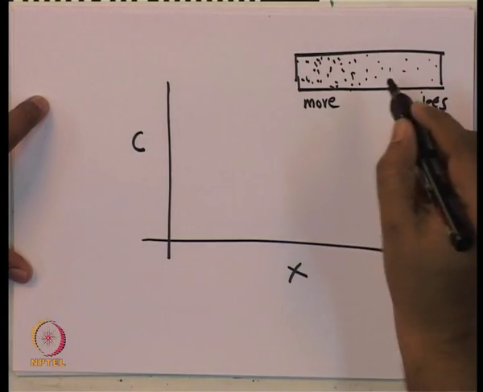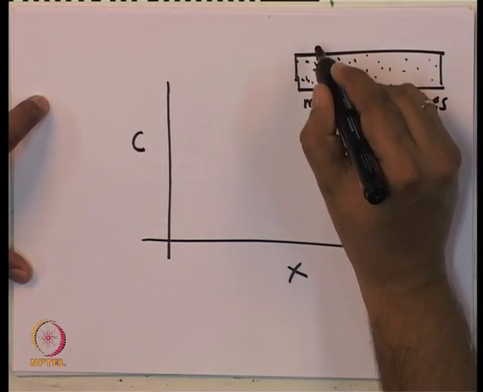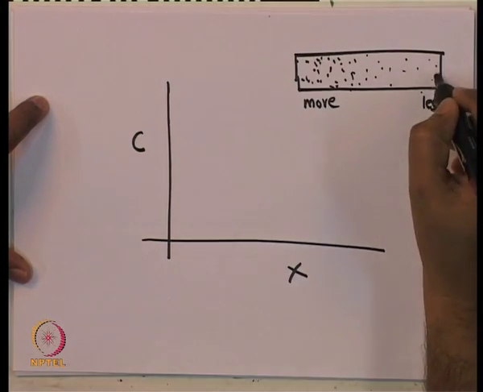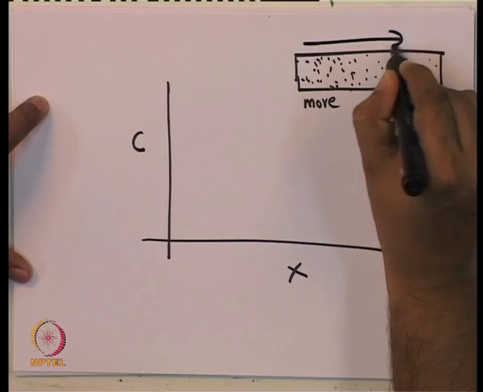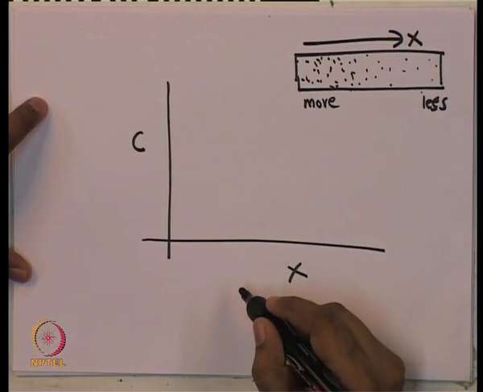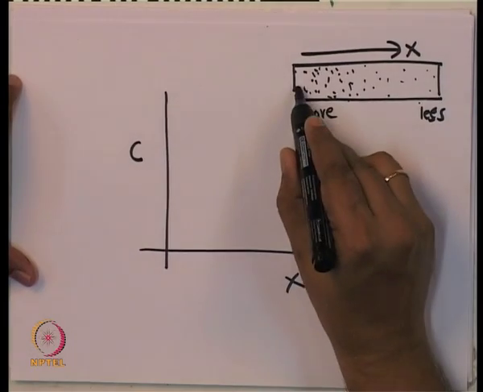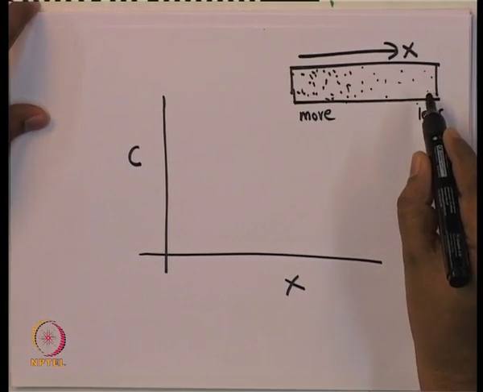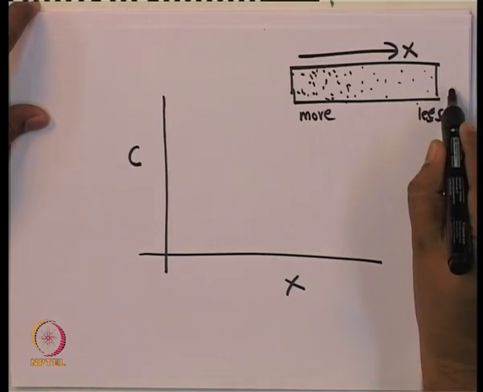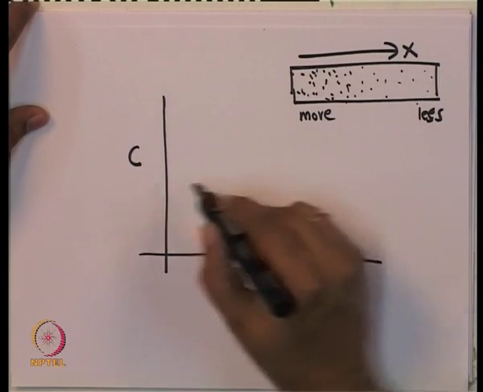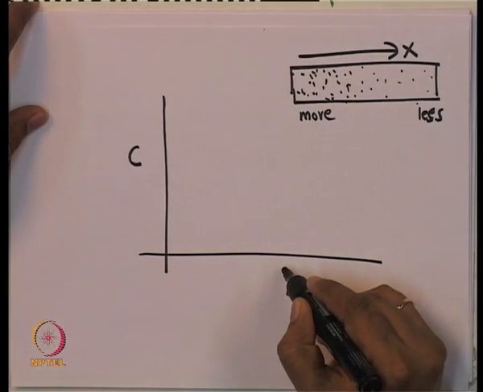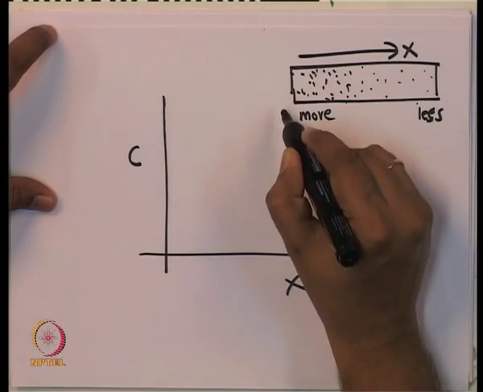So, there is a higher concentration here, C1 greater than C2. If you take this as the x axis, as you go along the x axis, the concentration is decreasing. So, let me plot concentration versus the distance from the left end.